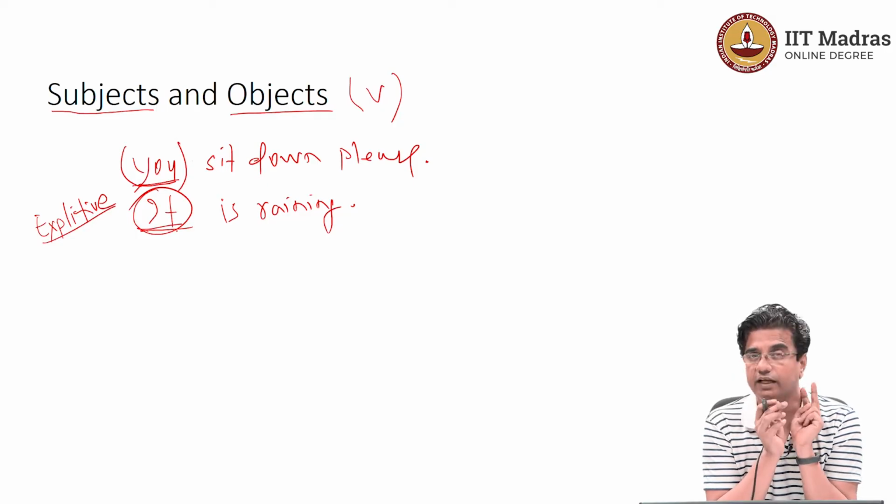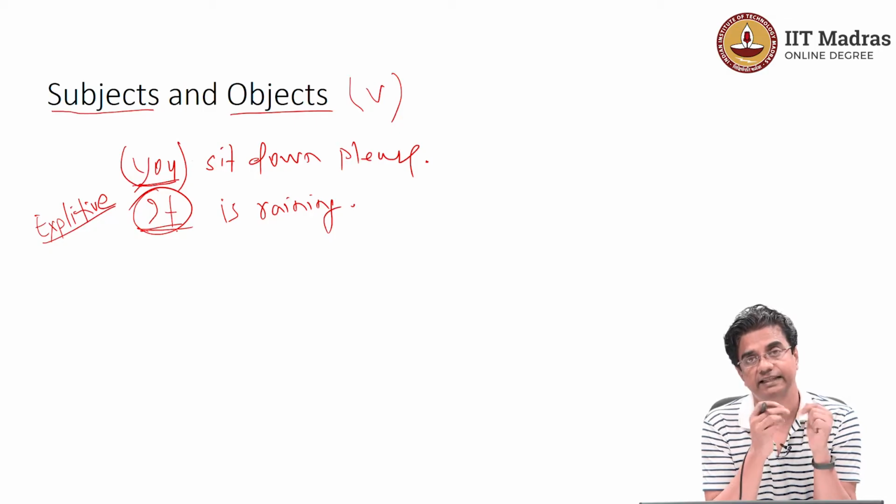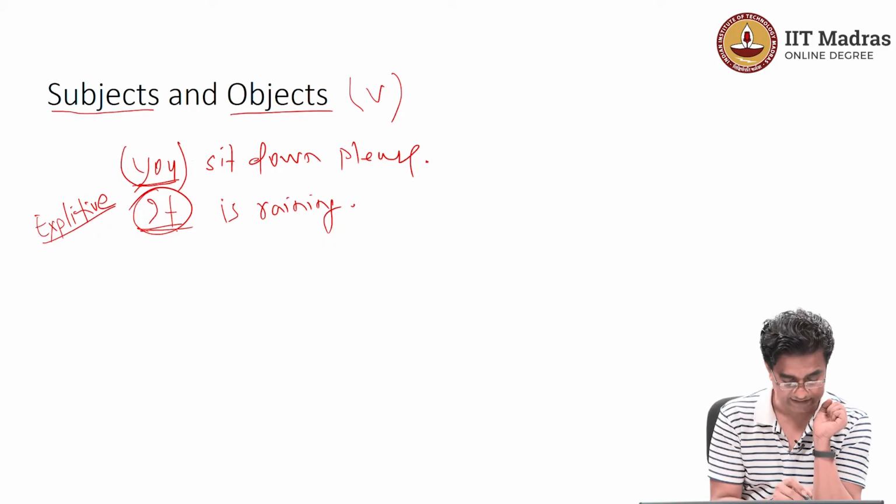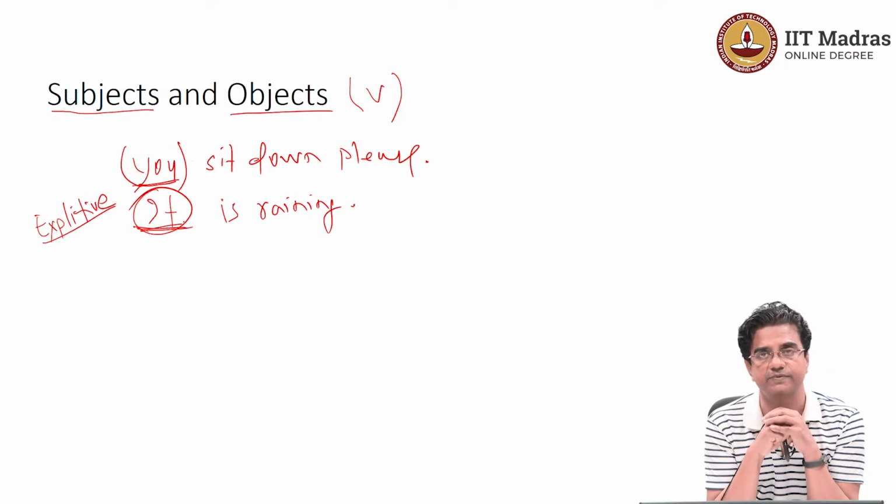Remember, with these two examples, I am talking about two different things. I am giving you a type of sentence which makes the point that we must have a subject in an English sentence overtly present. And therefore, when there is no apparent subject, we need to insert a vacuous element, a meaningless element, or an element that becomes meaningless in the sentence, just to fulfill the requirement of a subject. Such subjects are it type of subjects.